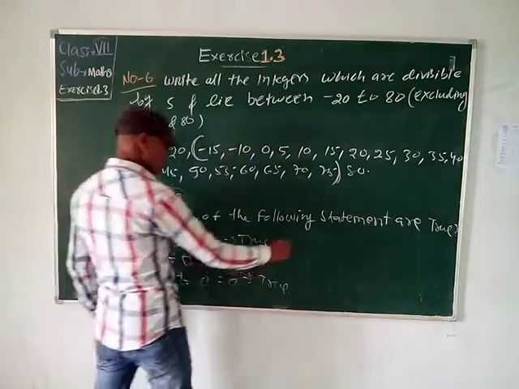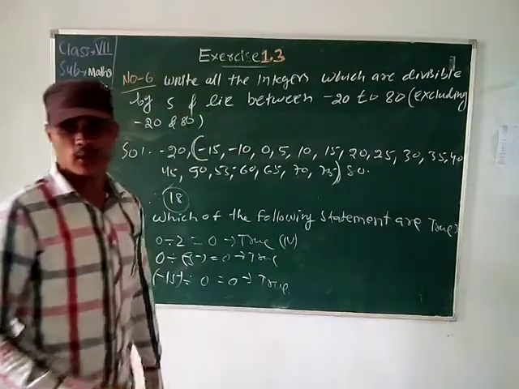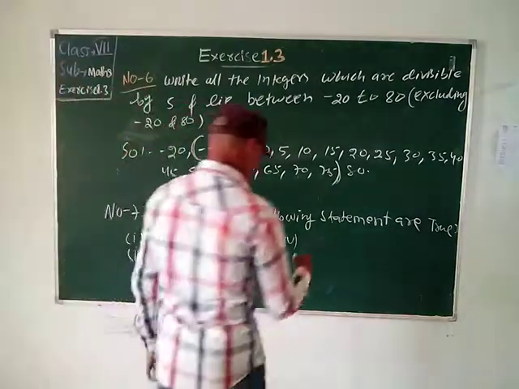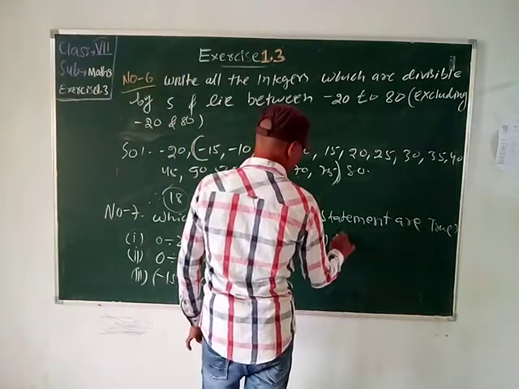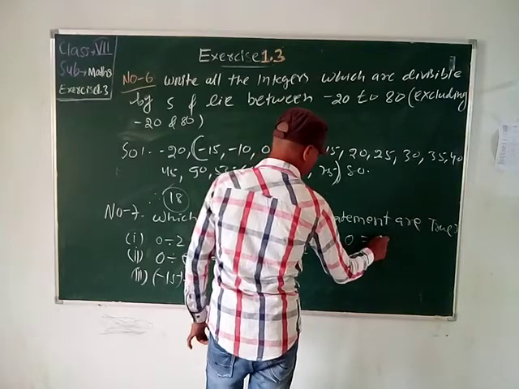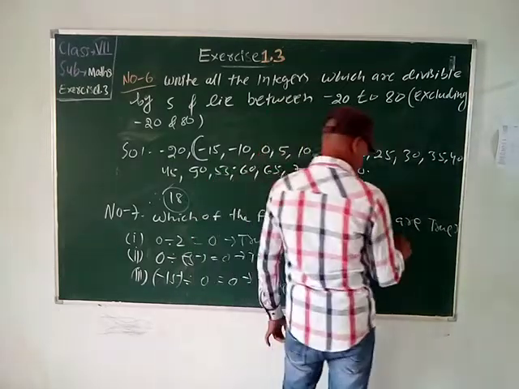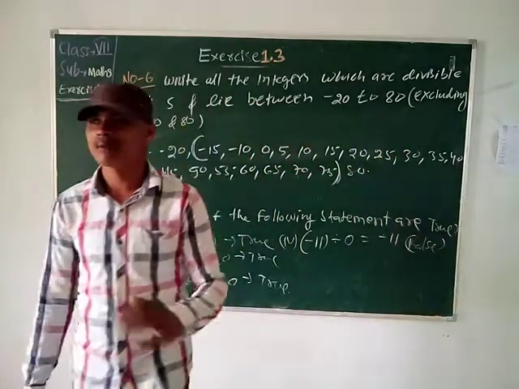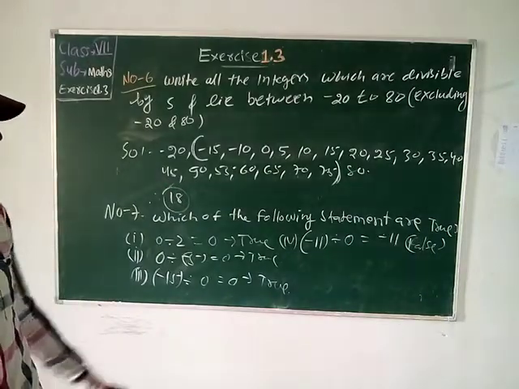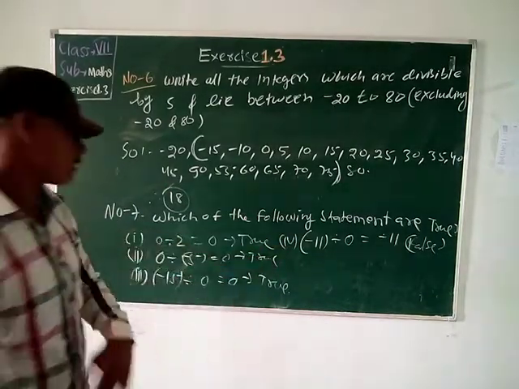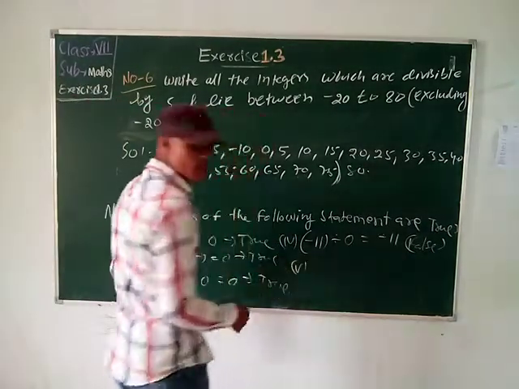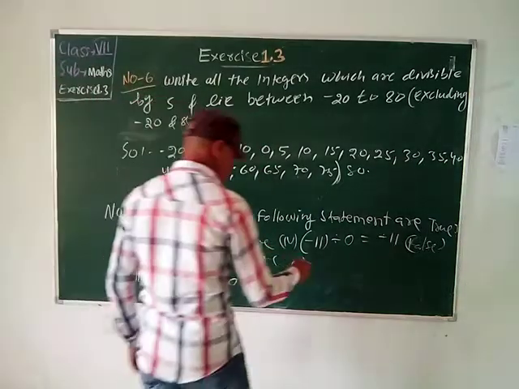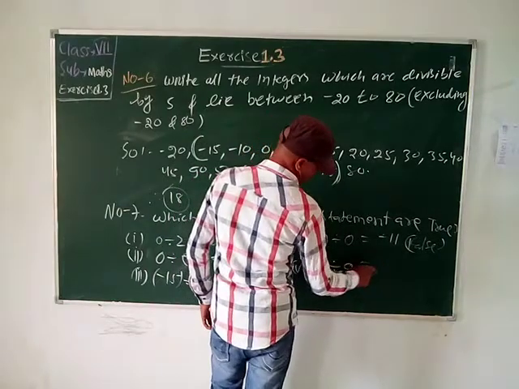Now we will do the fourth bit. What is the fourth bit here? Minus 11 divided by 0 equals minus 11. It should be false. That means any number divided by 0 is not defined, but here it gives minus 11, that's why this one is false. Now the fifth bit is 0 divided by 0 equals 0, that means true.